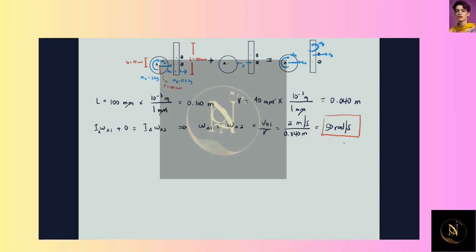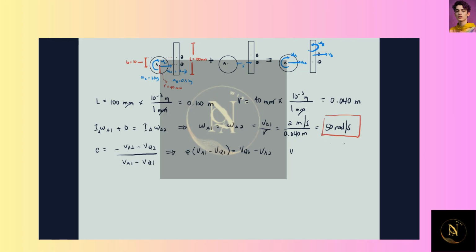Next, we'll write an equation for the impact between the sphere and point Q. Using the equation for the coefficient of restitution, e equals negative va2 minus vq2 over va1 minus vq1. This can be written as e times va1 minus vq1 equals vq2 minus va2.